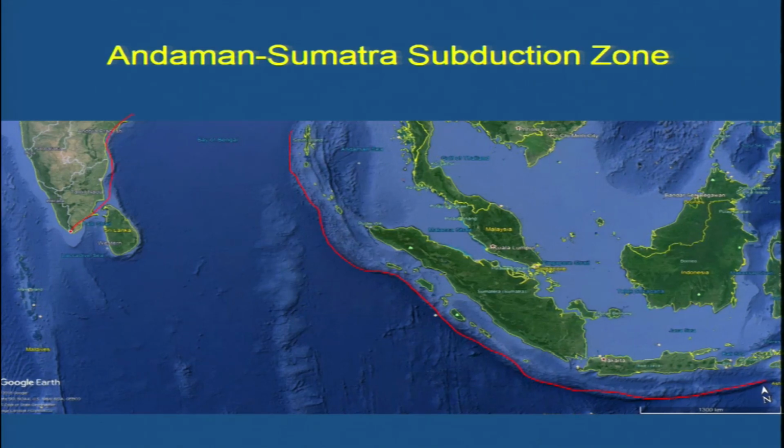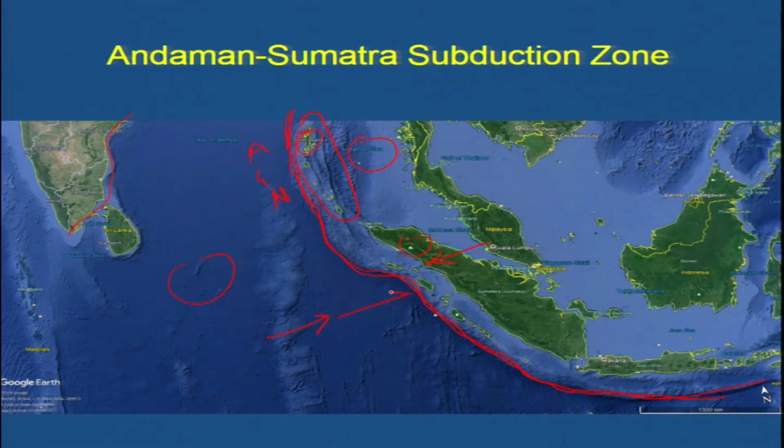You know that this is the Indian continent landmass, this is the Indian oceanic plate, and this is Sumatra, this is the Andaman and Nicobar Islands. So this is the chain of the Andaman Nicobar Islands, this is the Andaman Sea. Okay. And this subduction zone, this red color subduction zone, is between the Indian oceanic plate and the Sunda plate.